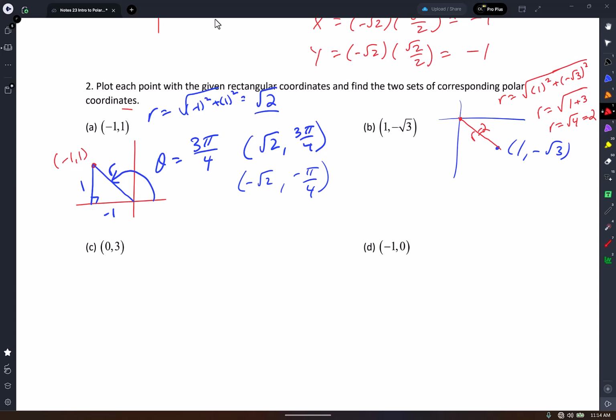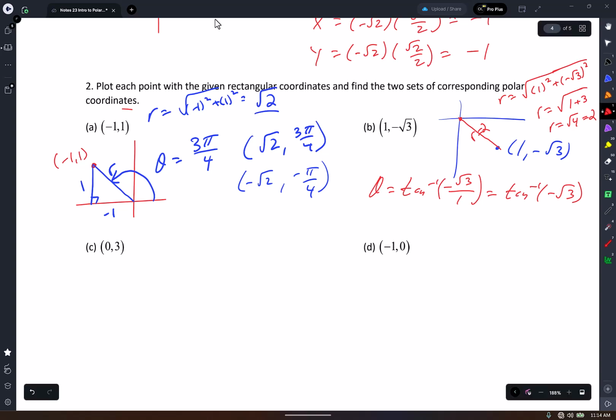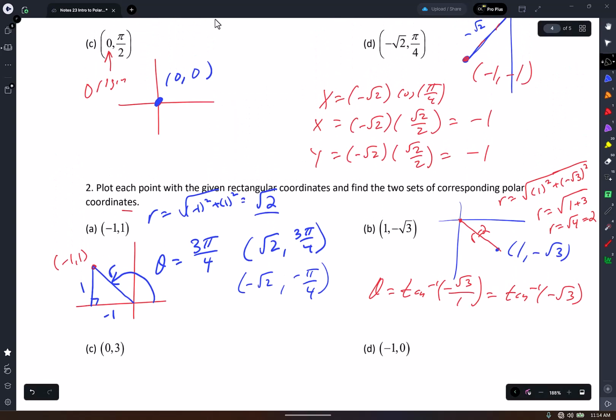Here comes the tough part, and it's not even that tough, if I'm being honest. I'm going to find the angle. The angle is arctan of negative square root of 3 divided by 1. So arctan of negative square root of 3. I'm going to go slow. What that means is tangent of some angle gives us negative square root of 3. Remember that tangent is y divided by x.